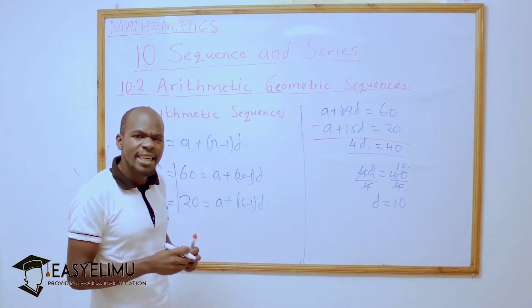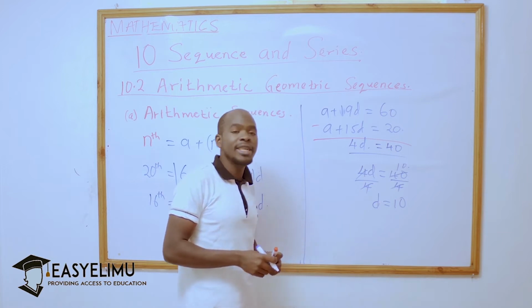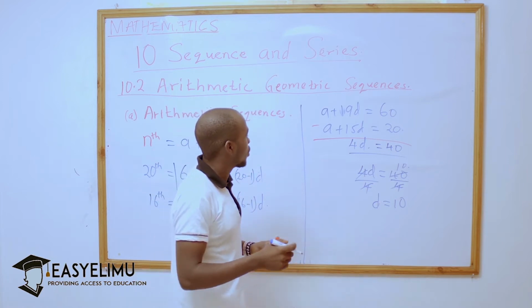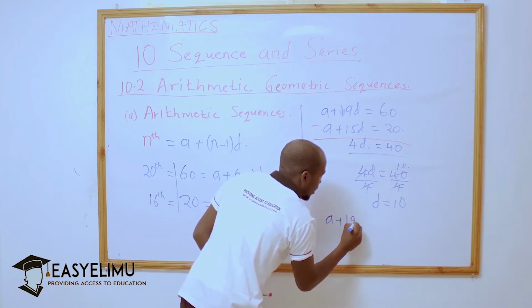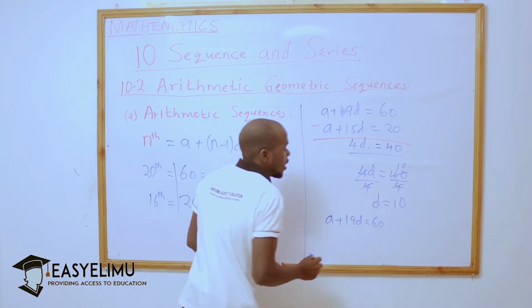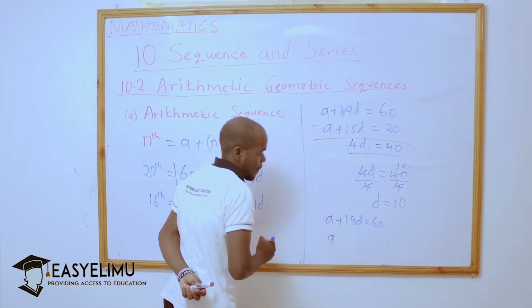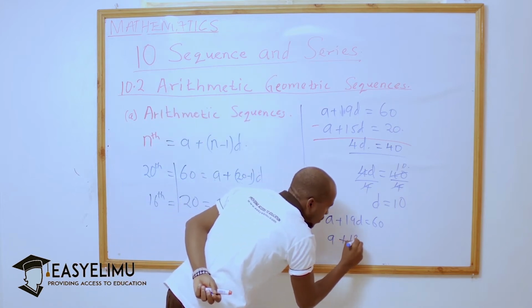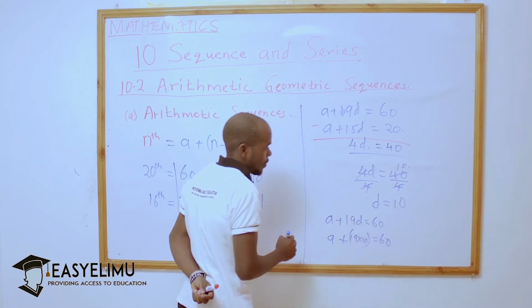Now after getting d as 10, you can find a by substituting d in either equation. Let's take the first equation, which is a plus 19d equals 60. If I take a and add 19 multiplied by 10, I should get 60.